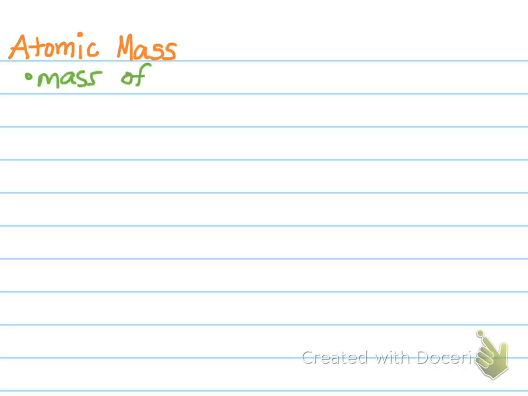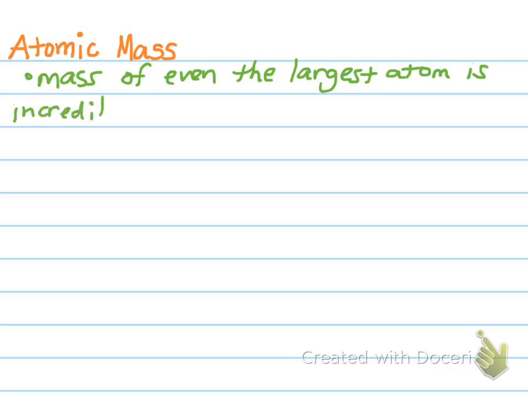As we start to talk about atomic mass, keep in mind that the mass of even the largest atom is incredibly small. Remember, we can't see atoms. They're too small. We can't even see them with our microscopes in biology class.